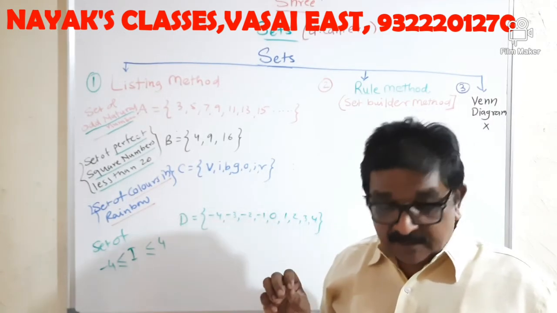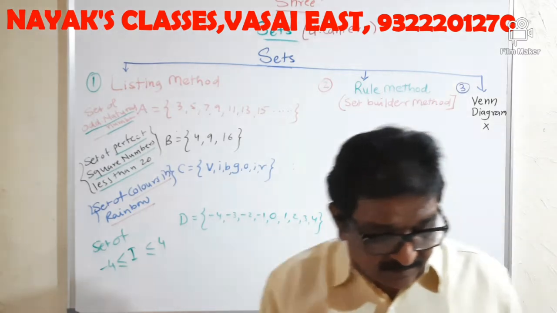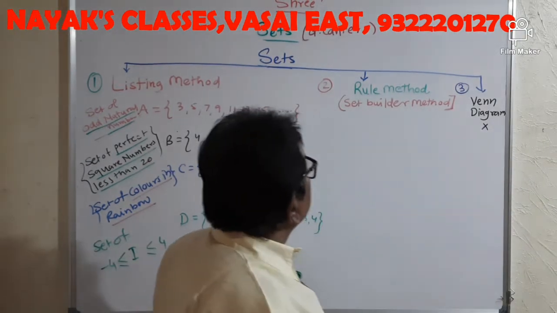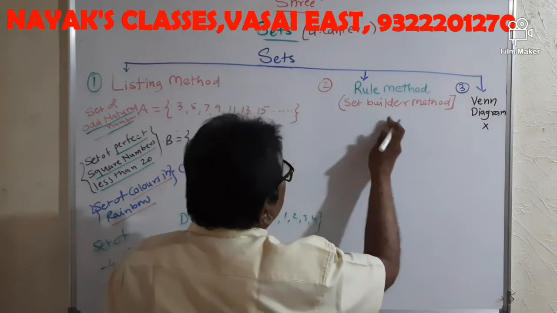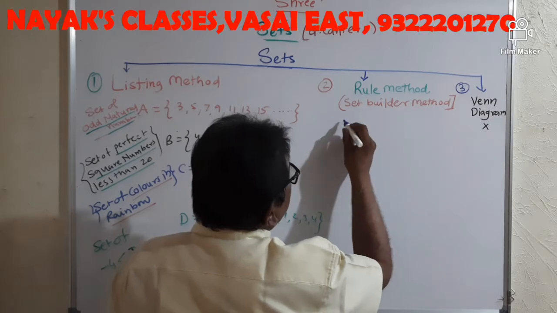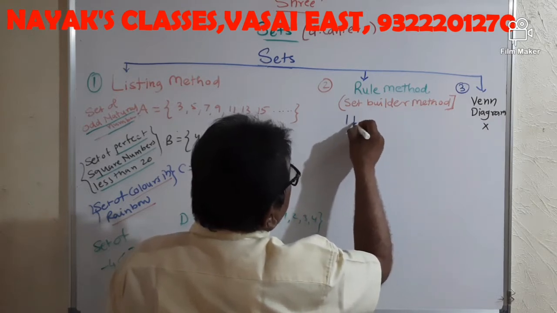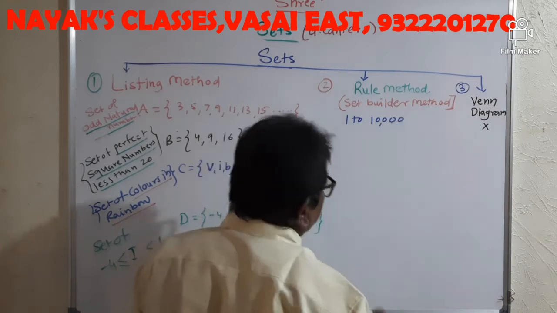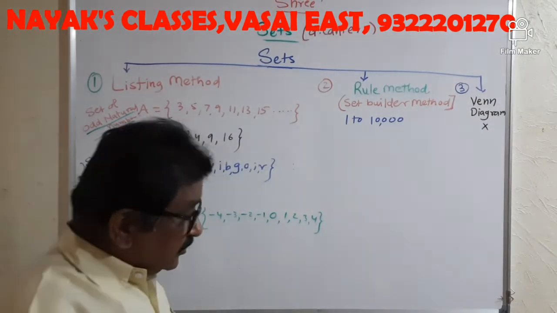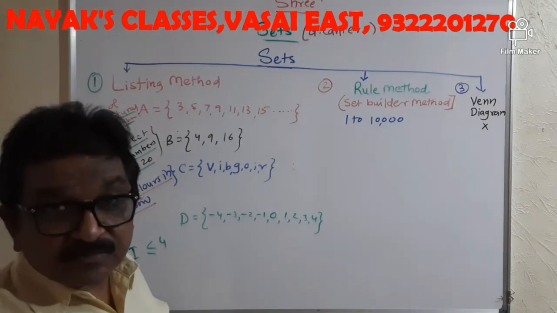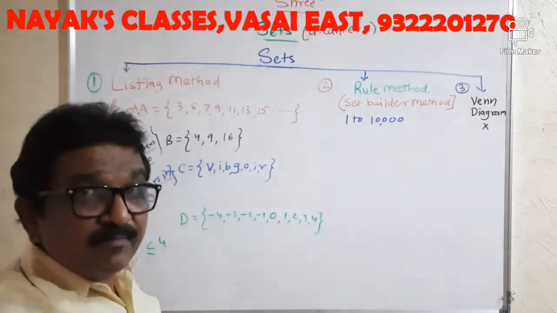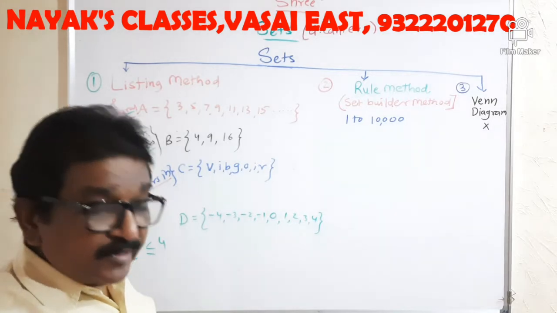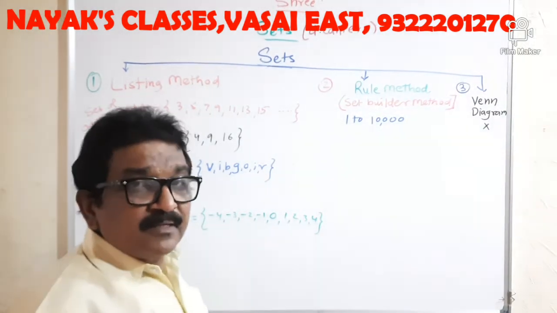In the rule method, if they write, make a set of numbers 1 to 10,000, will you be able to write these things?